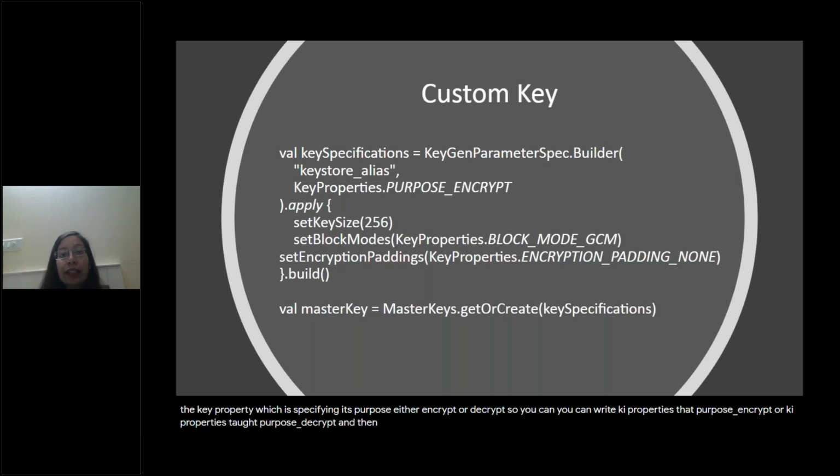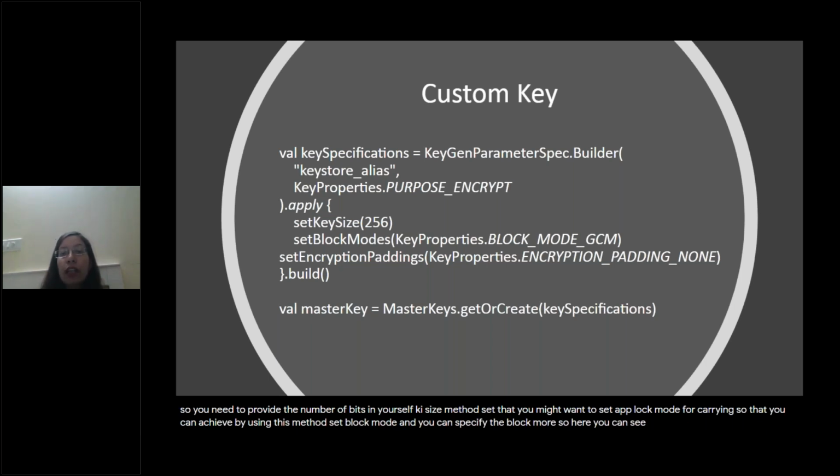And then you can set a key size. By default it is 256 bit, but you can change it. You can set another key size, so you need to provide the number of bits in your setKeySize method. And as I said, you might want to set a block mode or padding, so you can achieve that by using the setBlockModes method. And you can specify the block mode.